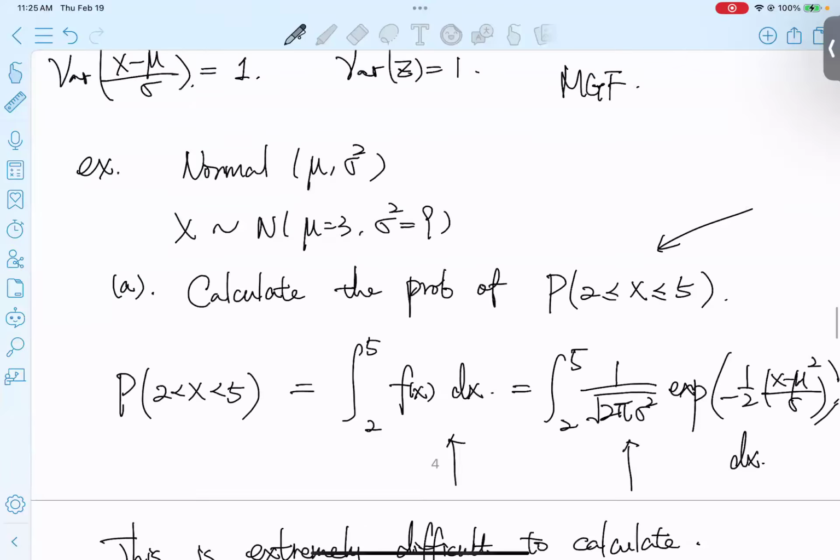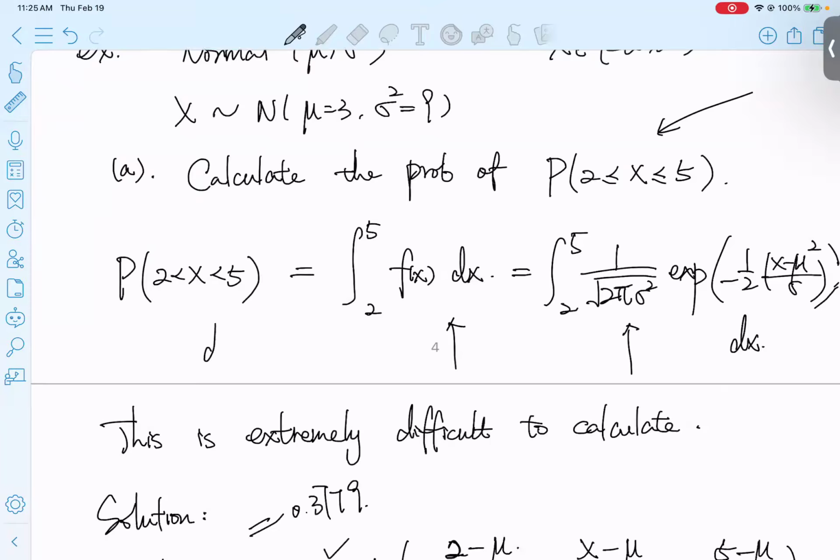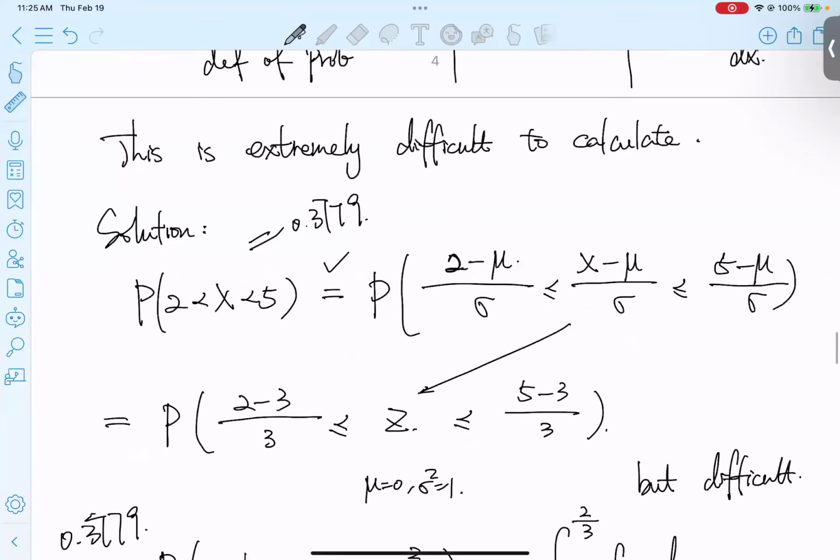Okay, so the trick is that if you know you are handling real values, negative infinity to positive infinity, you choose a normal. For the normal, you need to use the definition of the probability, which is an integral, but this thing has no analytical solution. Back then, when we introduced the expectation, we spent the whole lecture and lots of tricks handling it. So you already know that it's very difficult to calculate the integral, but we still want the probability.